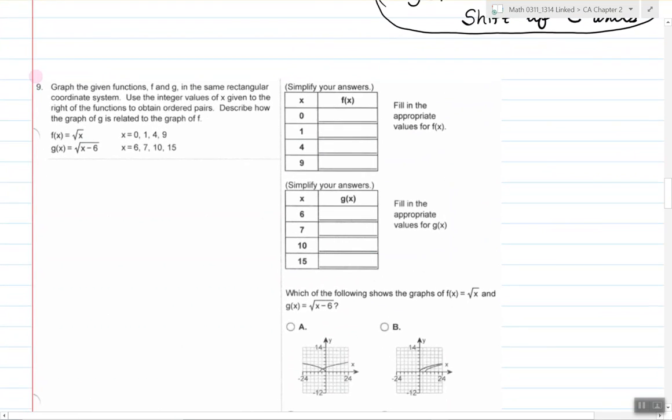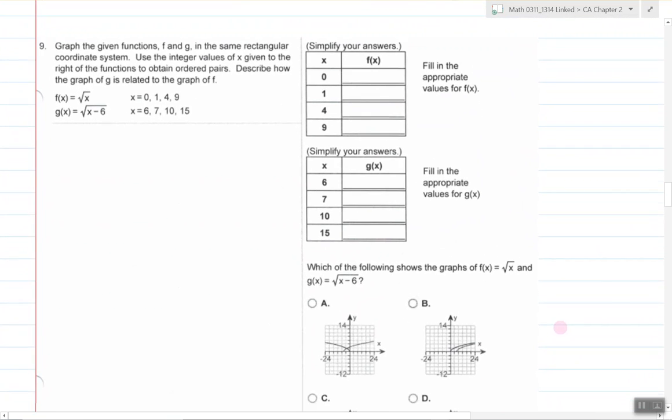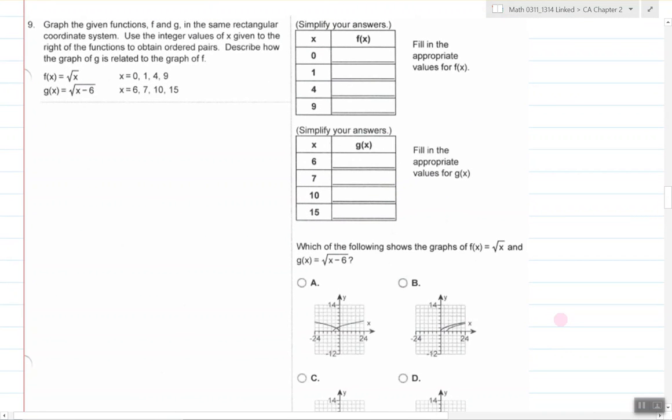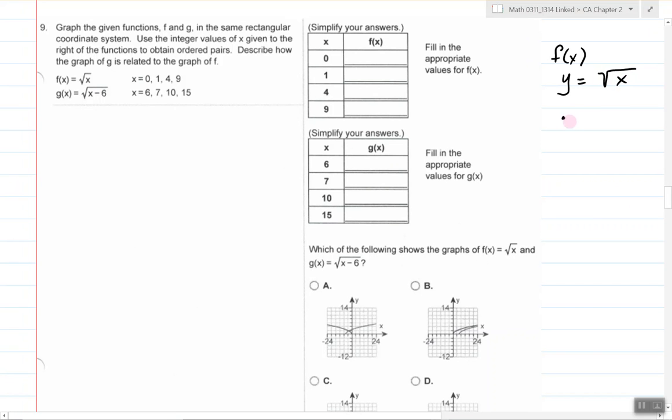All right, in this one, it says graph the given functions f and g in the same rectangular coordinate plane, but it is going to be a multiple choice question. These are still f of x, which I like to many times call y, is the square root of x. So this is still that branch.